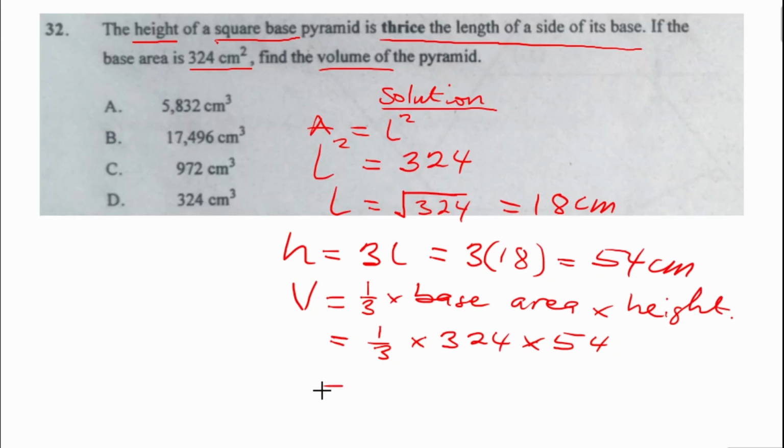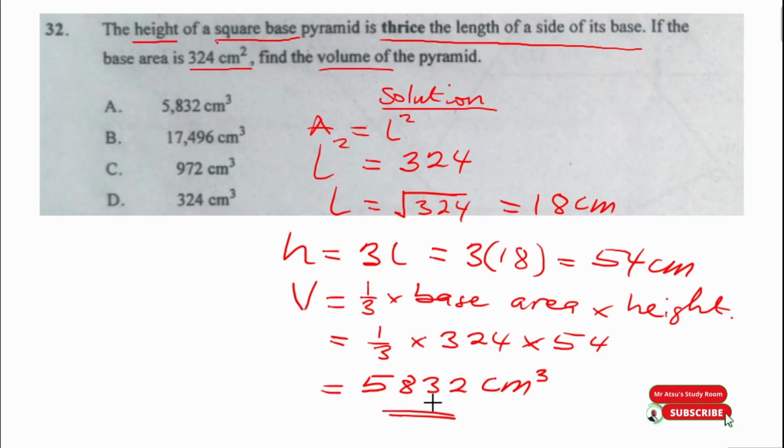When we work everything out with our calculator, we should get 5,832 cubic centimeters, because it's volume. And when we look through the options, that is option A.